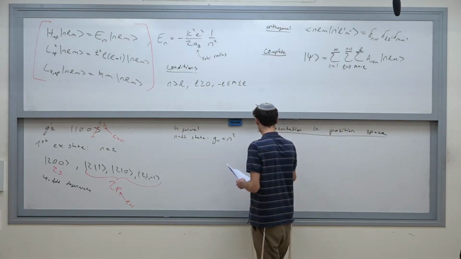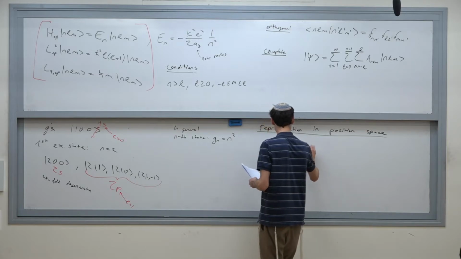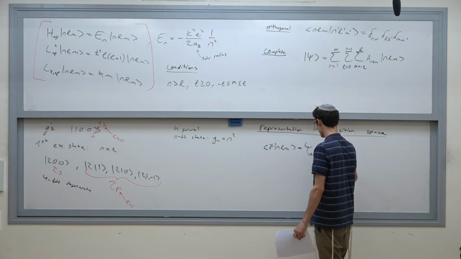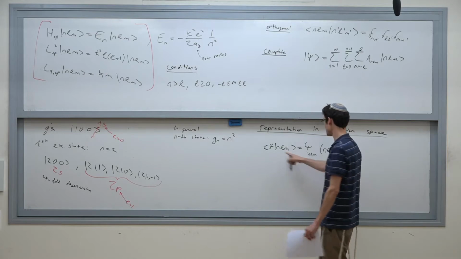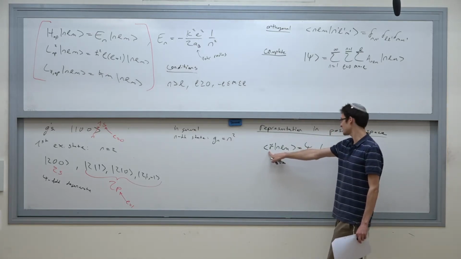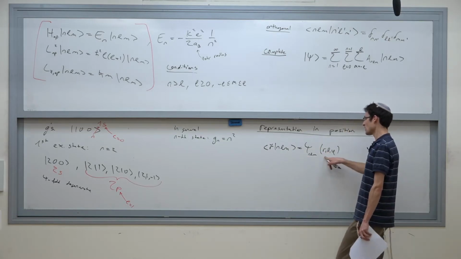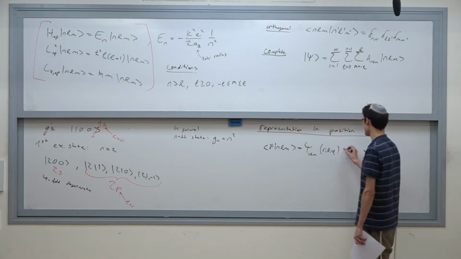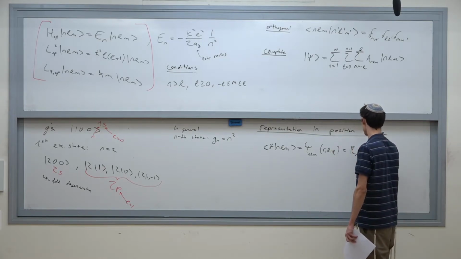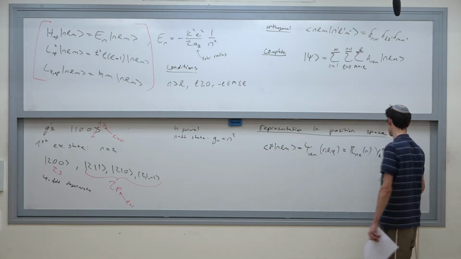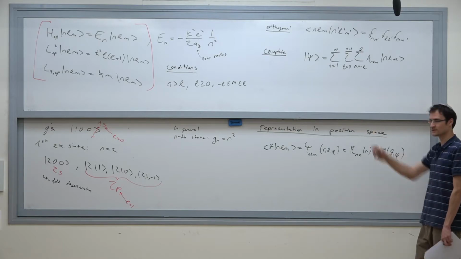So obviously, this is notation. When I'm taking these n, L, m states and projecting them onto r space, I get a function psi n L m, which is a function of 3 coordinates, r, theta, and phi. And we have seen that this problem can be separated into Y L m's and some radial function, because it's a central potential.